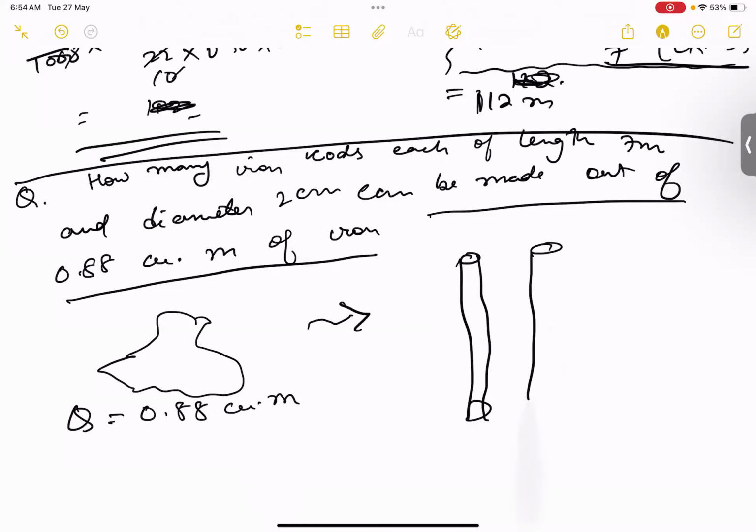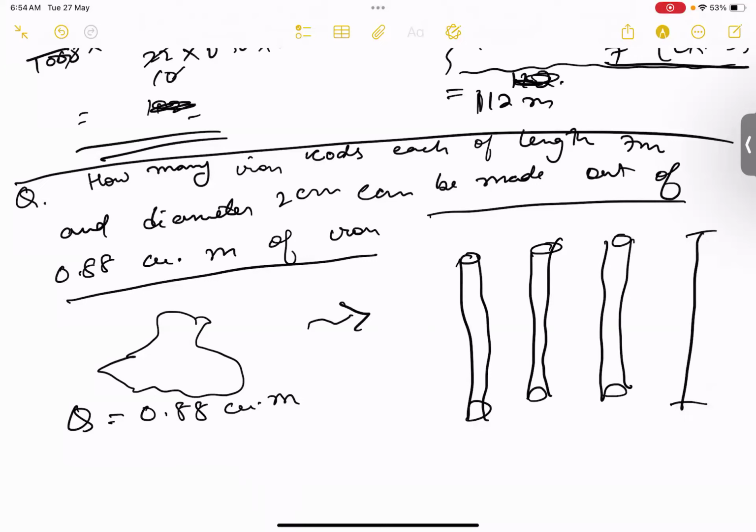So all the iron rods are identical, which means it has the same height and it has the same radius. Each of this length is 7 meter and the diameter is 2 centimeter.